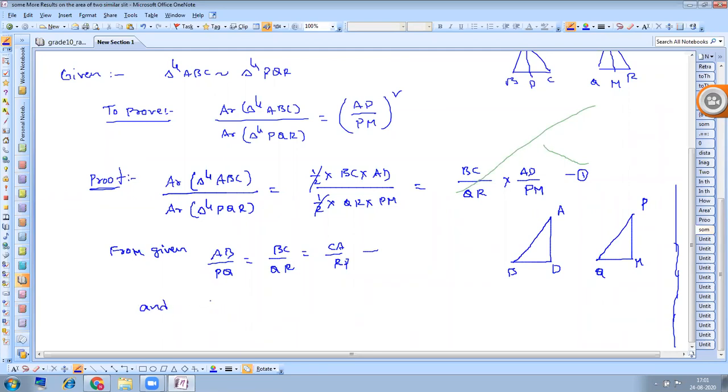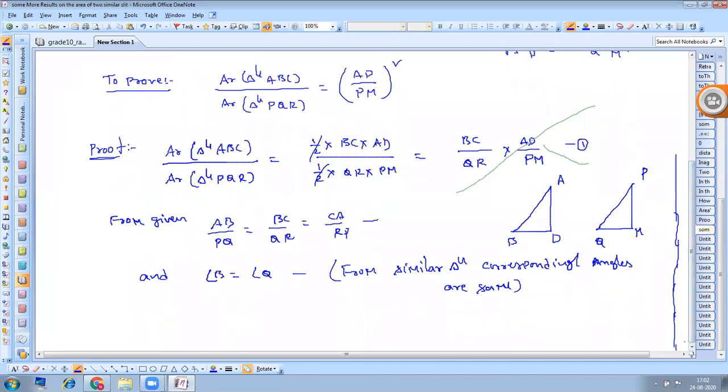And angle B is equal to angle Q, from the similar triangle concept. From similar triangles, corresponding angles are the same or equal.